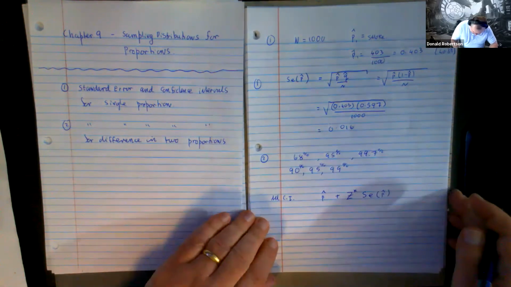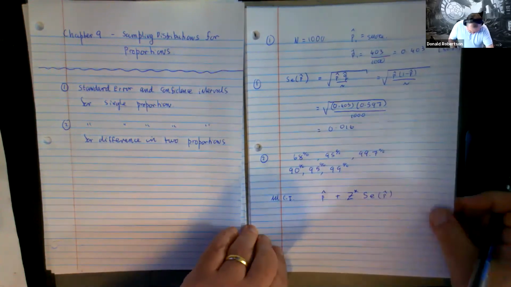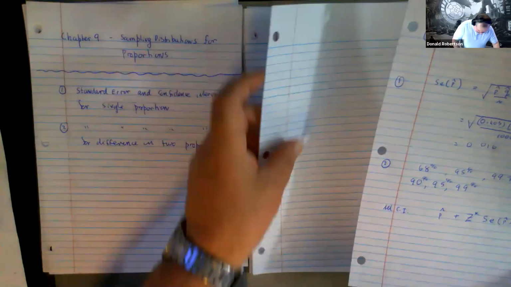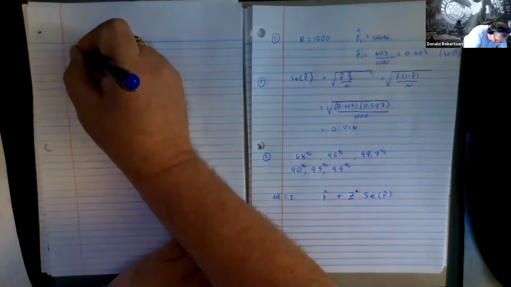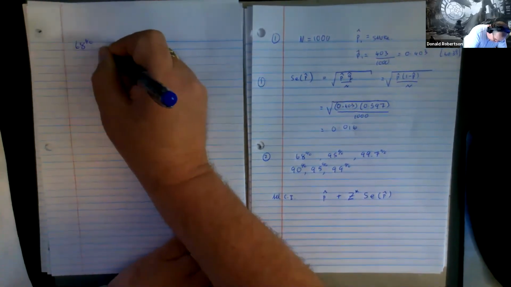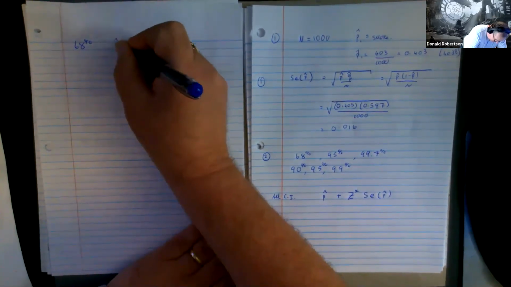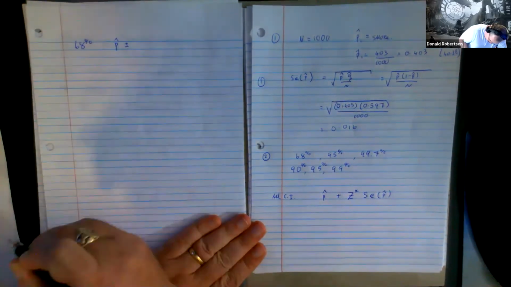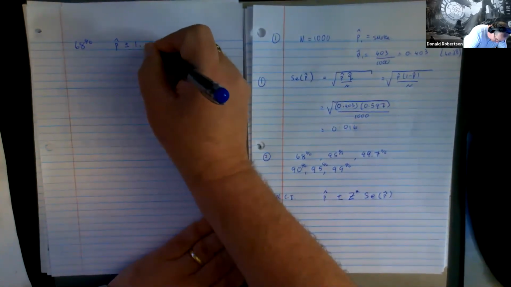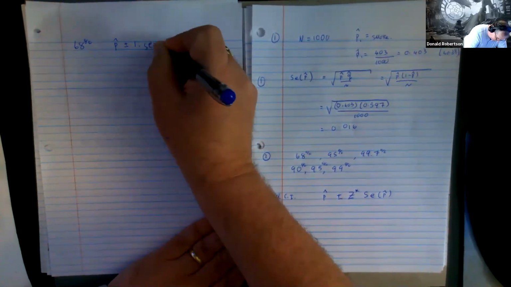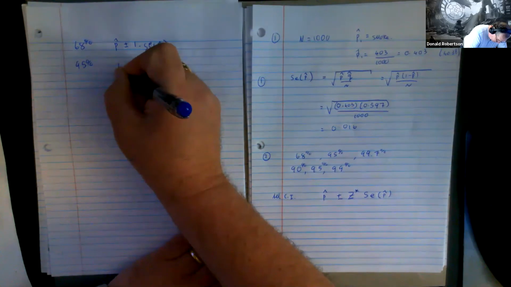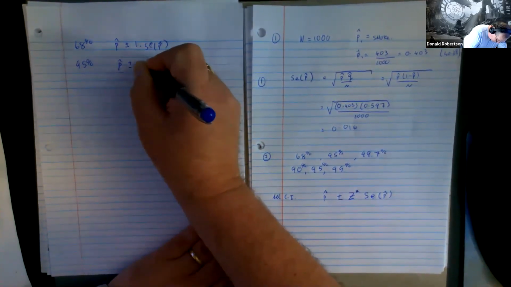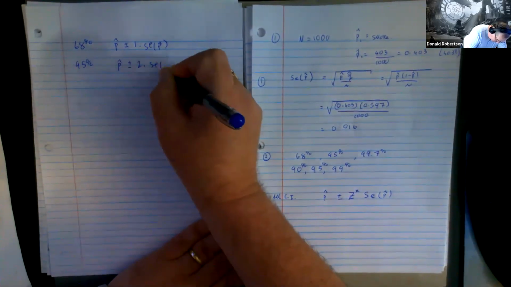So I'm going to give you a little summary list of what these guys look like. If you do a 68%, it's going to be P hat plus or minus, oops, I forgot my minus, 1 standard error. If you do a 95% confidence interval, it's going to be 2 times the standard error.